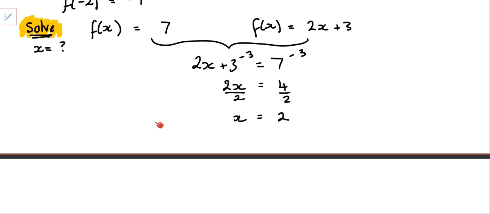Based on what I've just written, so you've got it in your page, so I can scroll up, I'm going to say this: if f of x equals 7. What do you think I've done there?